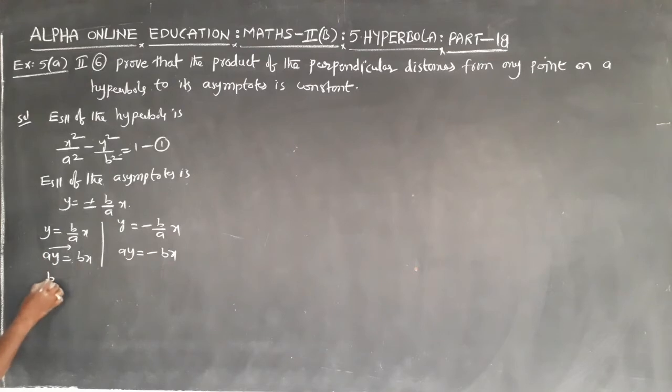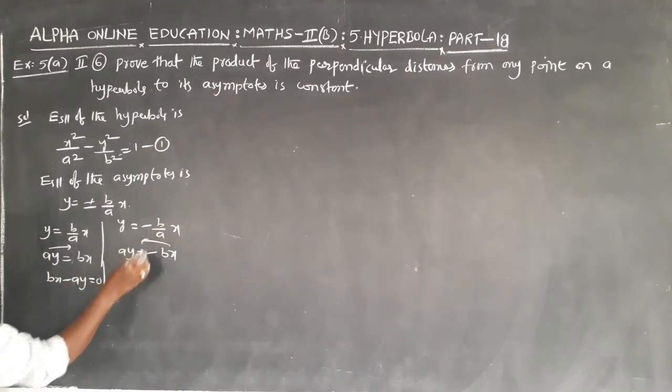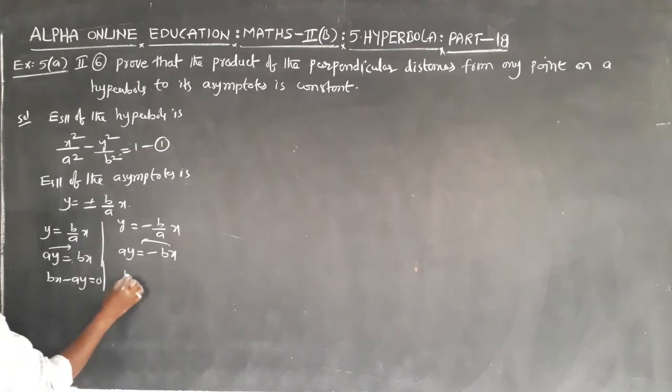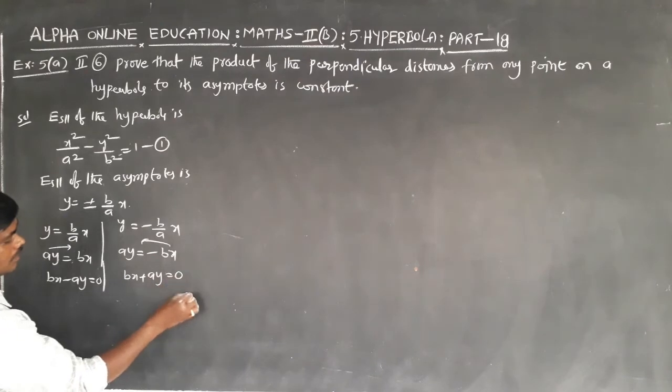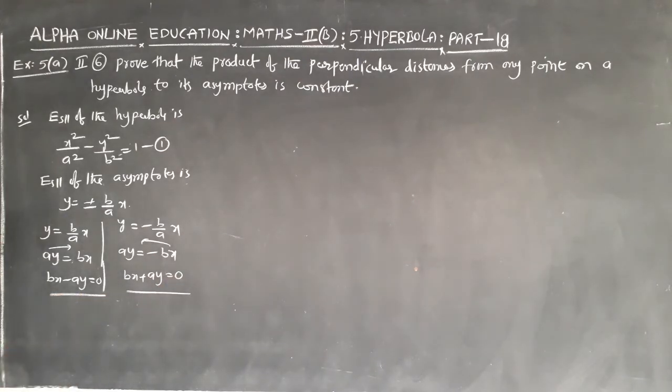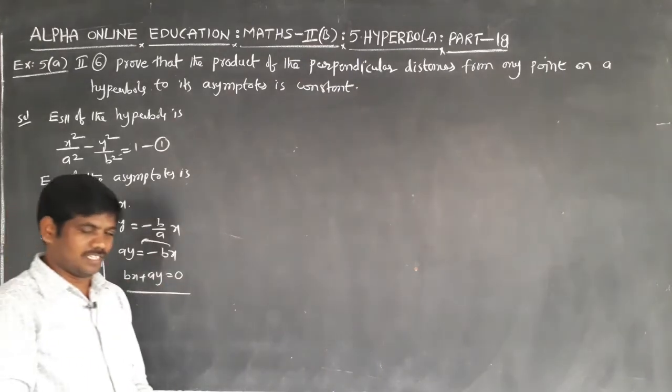Taking ay to the right side, bx minus ay equal to 0. Taking minus bx to the left side, bx plus ay equal to 0. These are the two asymptote equations.